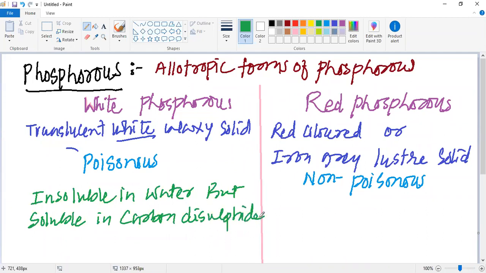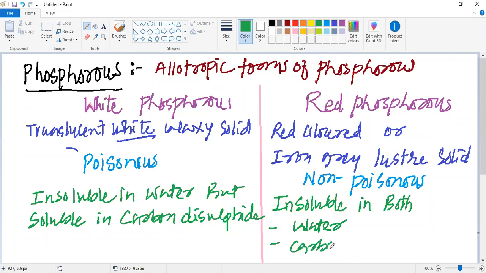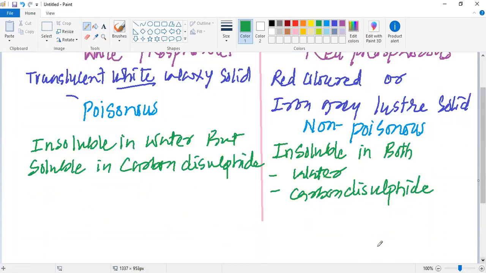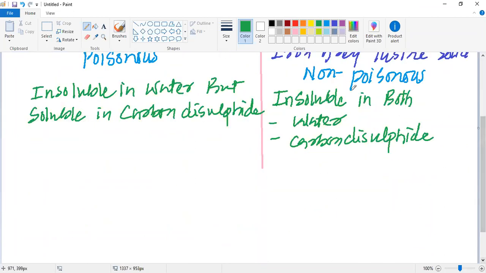Please remember, our red phosphorus is insoluble in both, that is, water and carbon disulfide. So this is how we understand the basic differences between our white phosphorus and red phosphorus.